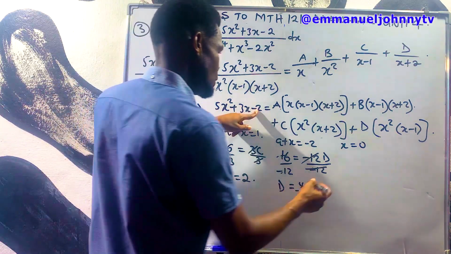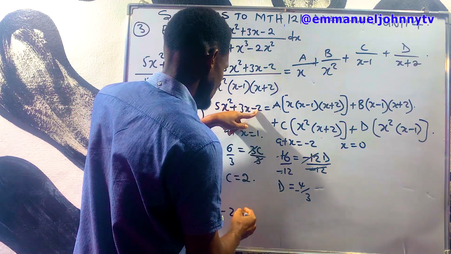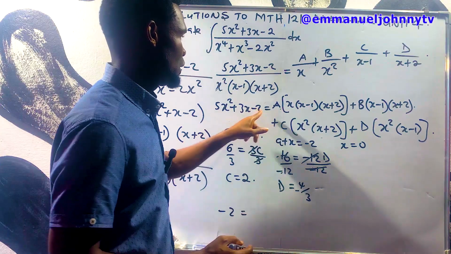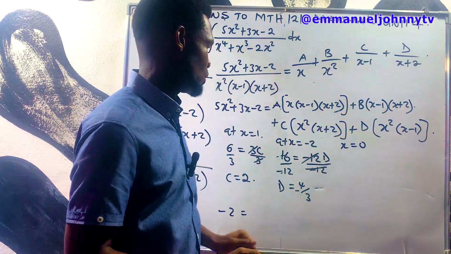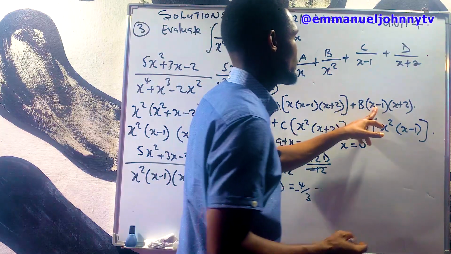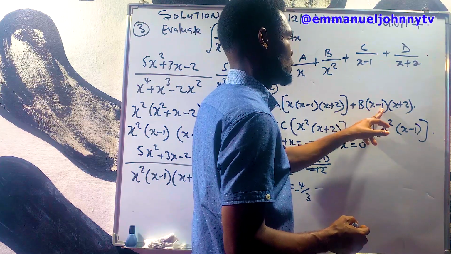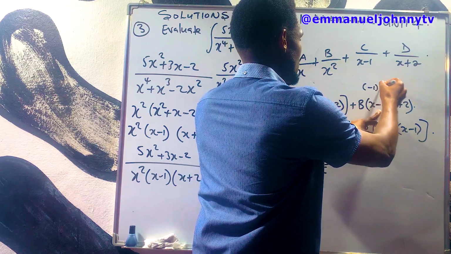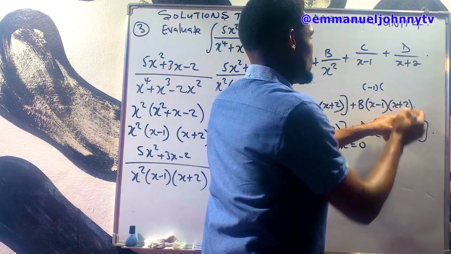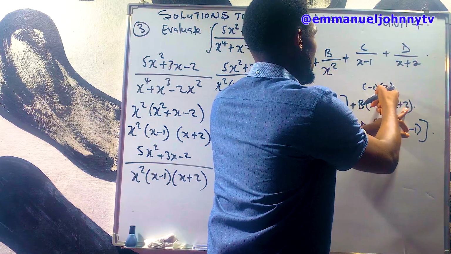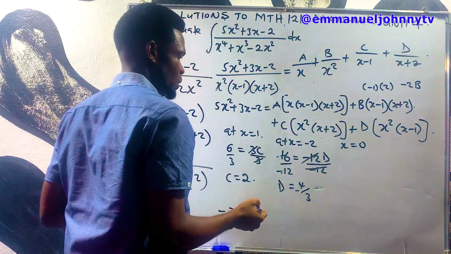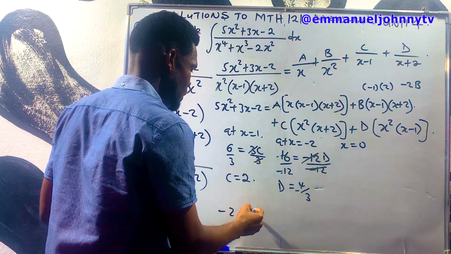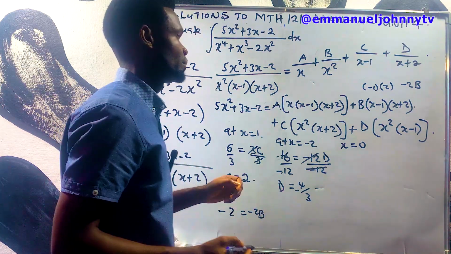So you are left with minus 2. Minus 2 equals to, if I put 0 here, everything here is gone. If I put 0 here, 0 minus 1 is minus 1 times 0 plus 2 is 2. Minus 1 times 2 is minus 2, times b, that is minus 2b.